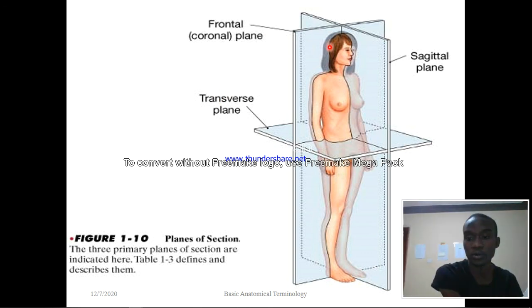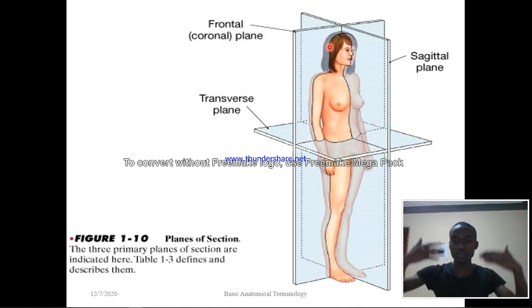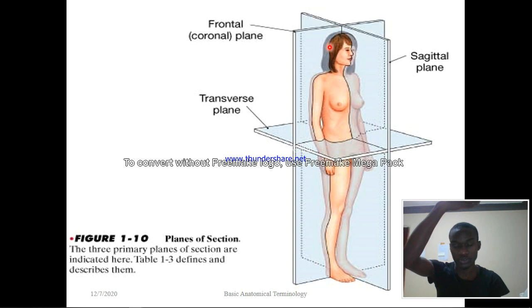And then the overall imaginary line like a screen, the whole body, that one is the frontal plane or the coronal plane. Do not confuse it with sagittal. Sagittal is cutting into half, but the frontal is cutting into half at a particular location, which is this. Then mid-sagittal is through this. So that is the frontal plane of the body.